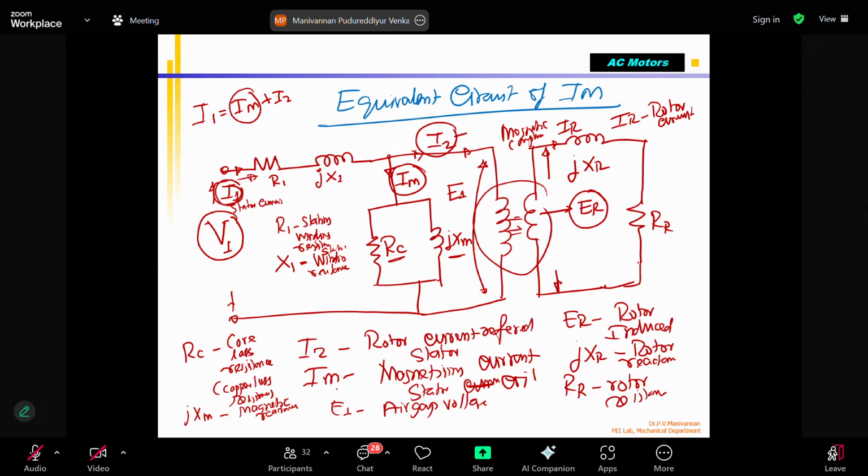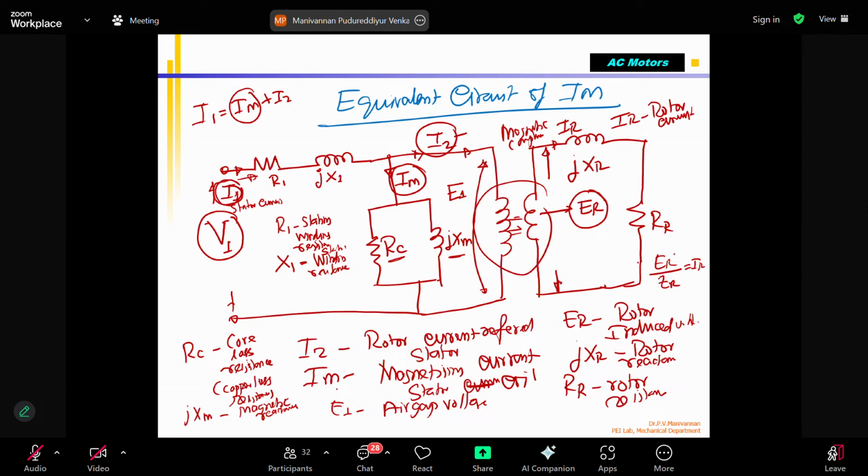Because of your supply input voltage, the magnetic field is created. That magnetic field is transferred between the two coils by magnetic coupling. Then the voltage ER is the induced voltage. This voltage is divided by this impedance. We know that ER divided by ZR is IR.